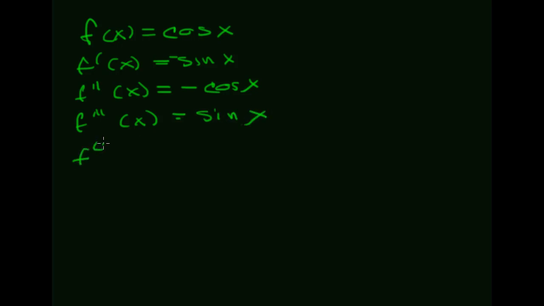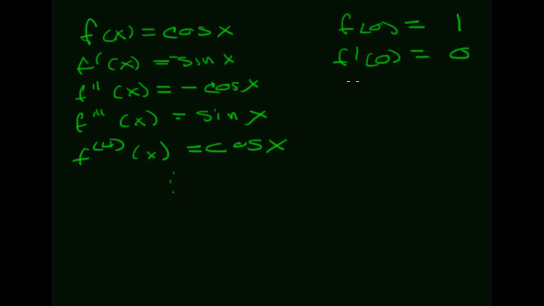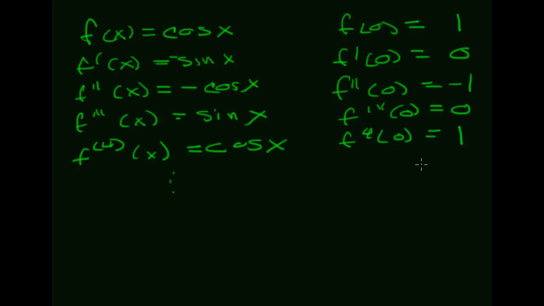The fourth derivative is cosine of x, and then we're going around like that. So f of 0 is 1. F prime of 0 is 0. F double prime of 0 will be -1. F triple prime of 0 is 0. The fourth derivative at 0 is 1, and so forth and so on.